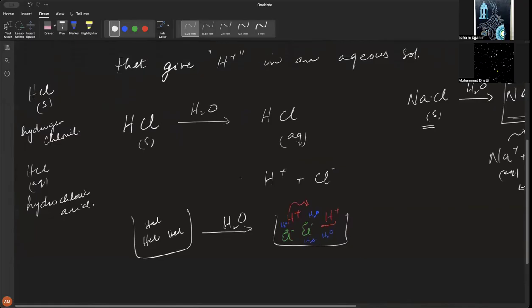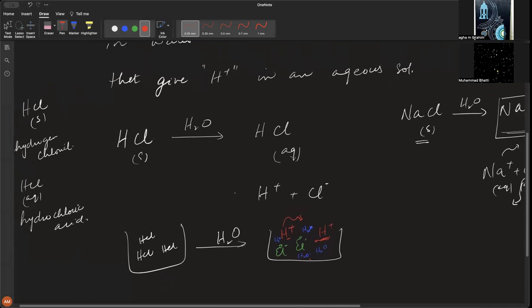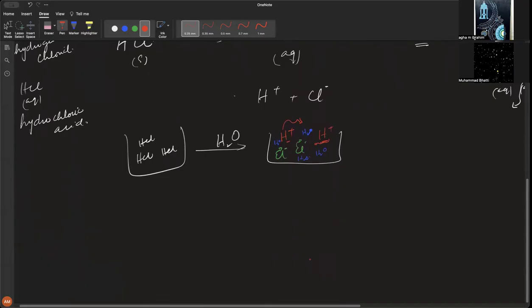This is what takes place when you put a substance that dissociates in water and gives off H positive ions. You see, the H positive ions were not free for use before. Now they have dissociated and they're moving around separately, separated from chlorine. This is what dissociation actually means, which we will learn a lot about when we talk about solutions and electrolysis, inshallah. So acids are substances that can dissociate in water and give off H positive ions.